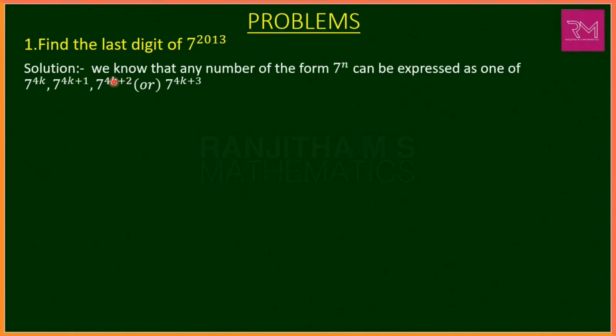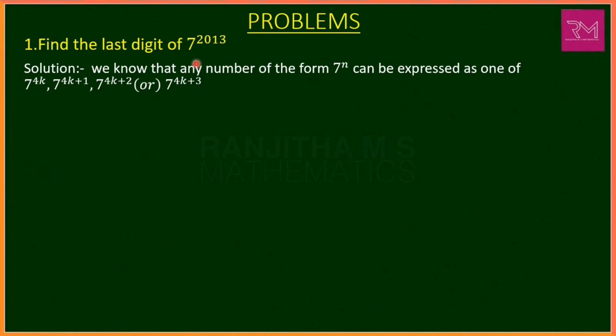Here, we already discussed in a note that any number of the form 7 power n can be expressed as one of these four forms. That is 7 power 4k, 7 power 4k plus 1, 7 power 4k plus 2 or 7 power 4k plus 3. The last digit or unit digit of any number is nothing but the remainder when we divide this value, 7 power 2013, by 10.